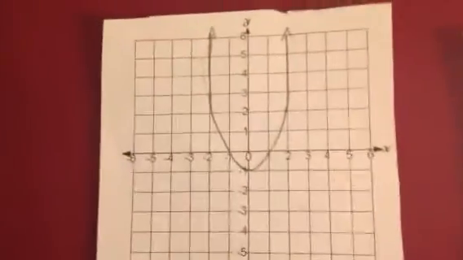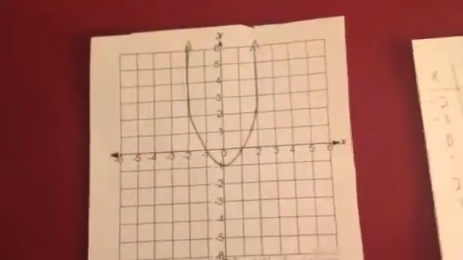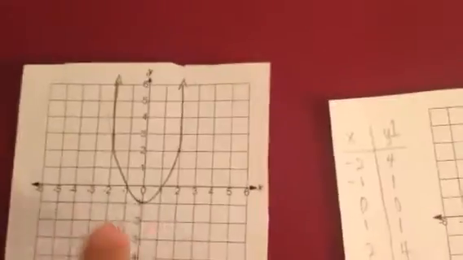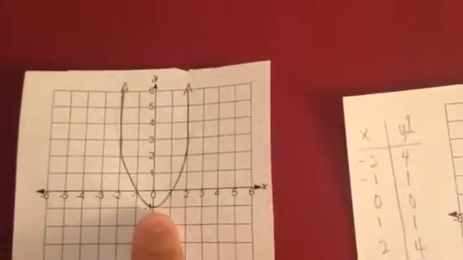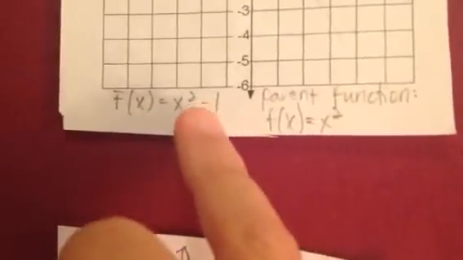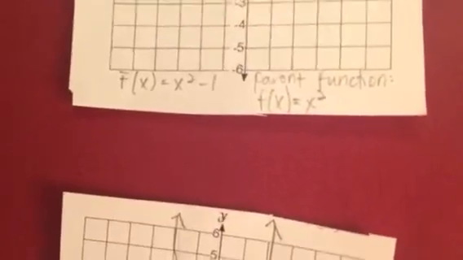Let's start with this one right here. This is right next to the parent function. So the difference, looking at these two, is that this is lower than this one. This starts at negative 1. And the reason why this looks different is because in the equation it has x to the second power minus 1.